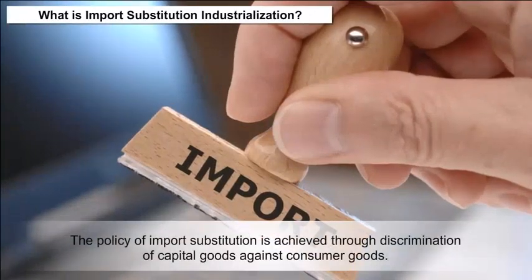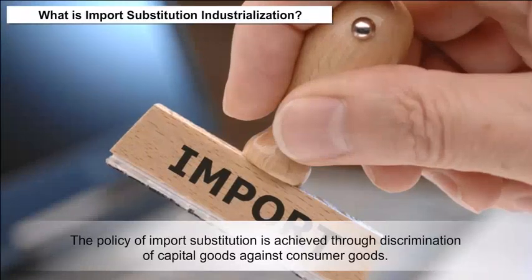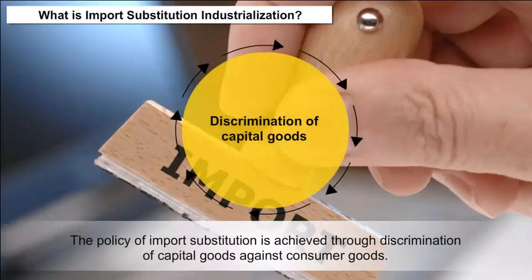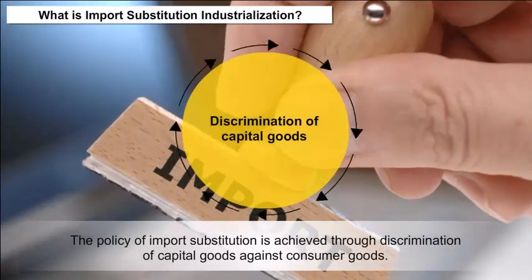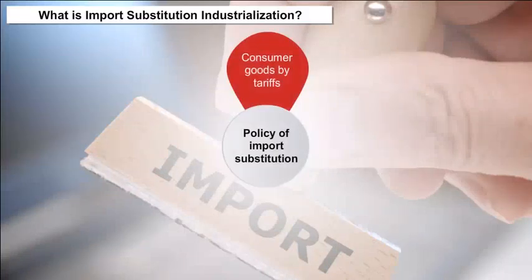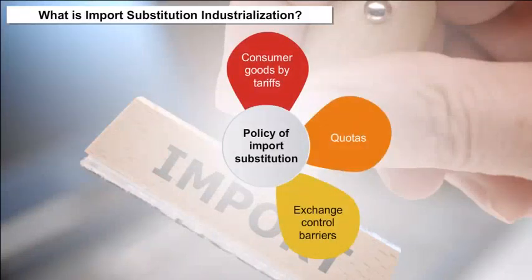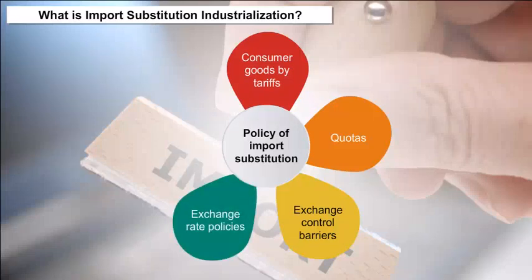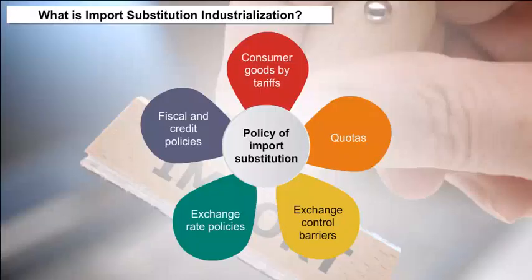The policy of import substitution is achieved through discrimination of capital goods against consumer goods by tariffs, quotas, exchange control barriers, exchange rate policies, and fiscal and credit policies.